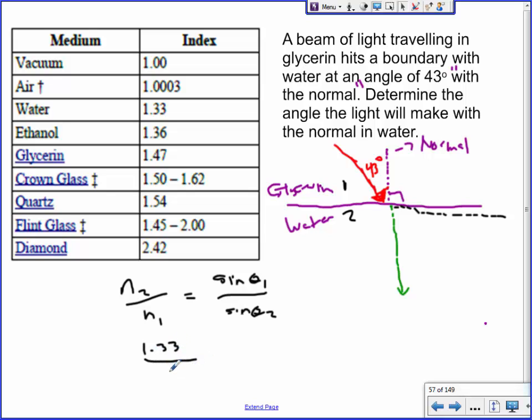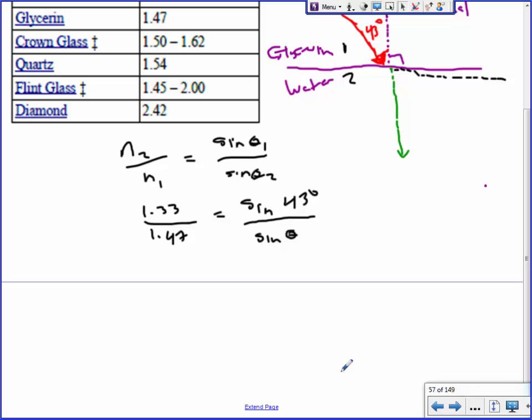N1 is for glycerin, which is 1.47. Sine of theta 1, let's see, the sine would be 43 degrees. And then for theta 2, we don't know that one. So now really it's just a math problem.